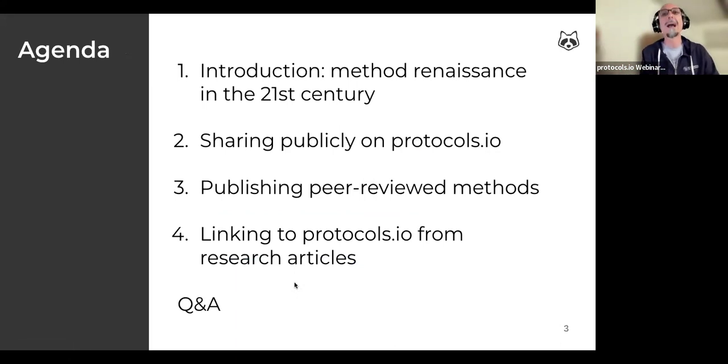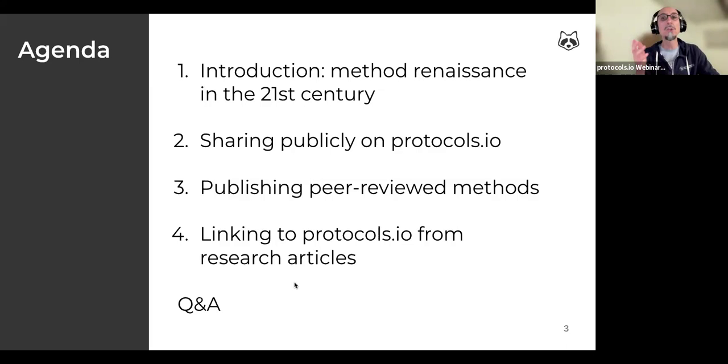Now, with the housekeeping out of the way, we can start with today's agenda, which is what I'm showing on the screen right now. We will talk a little bit about the history of reporting methods, and of method development and optimization not getting the recognition as worthy of a standalone publication and not getting the credit that it deserves.